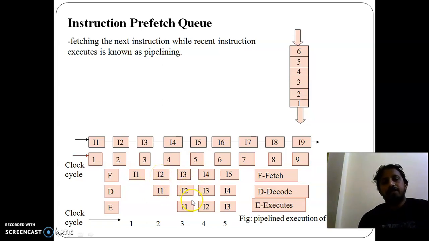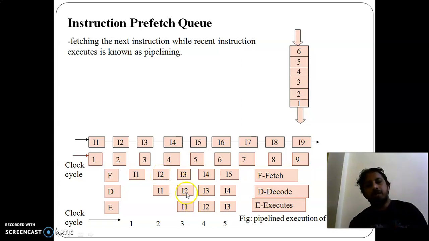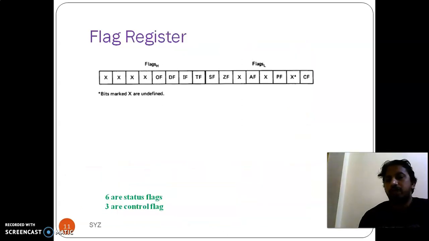When the second instruction is getting decoded, the third instruction is getting fetched. Like that, at a time, the fifth instruction is getting fetched, while the first and second instructions have already completed their execution. The third instruction is getting executed when the fifth is getting fetched. That's the reason this makes the process very fast.